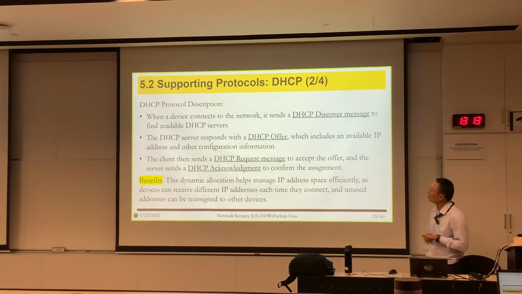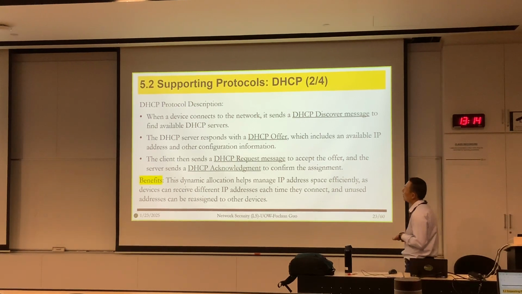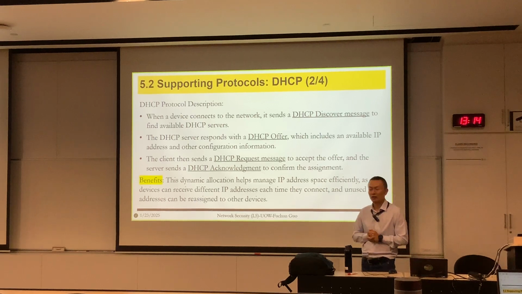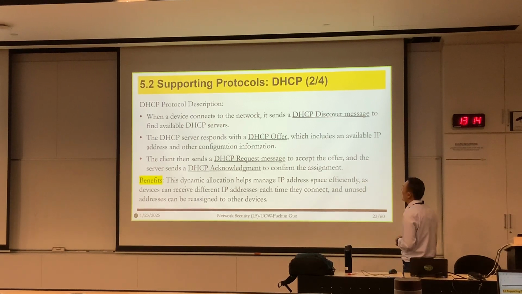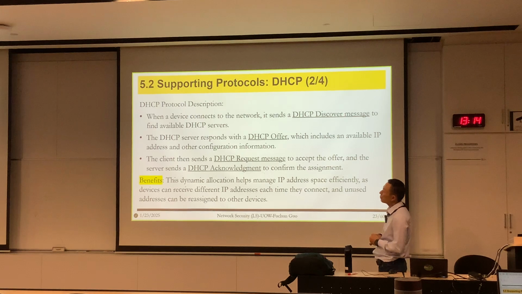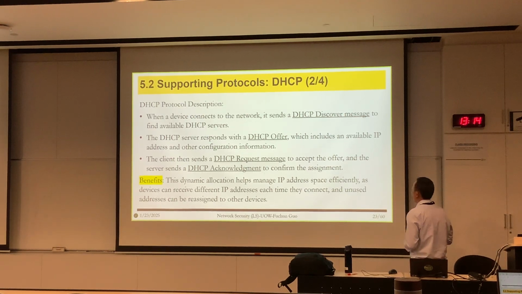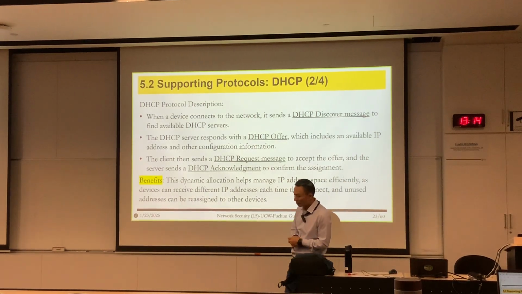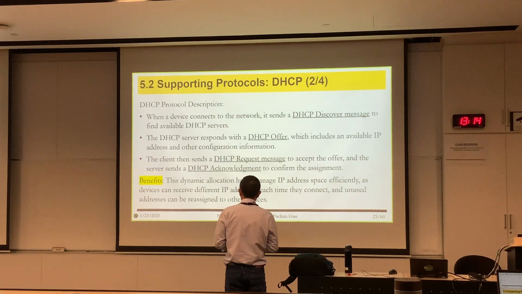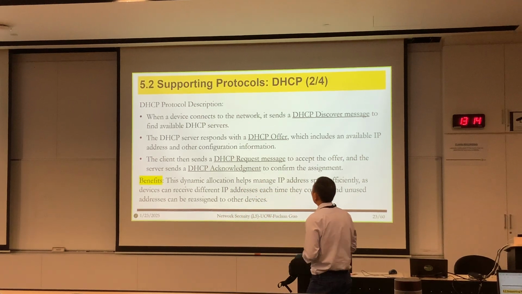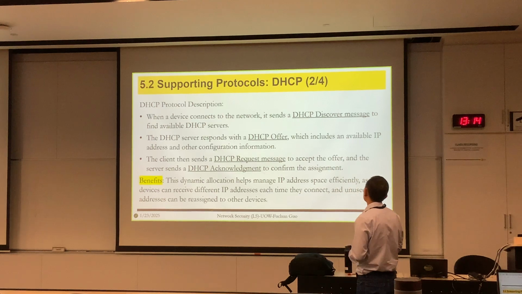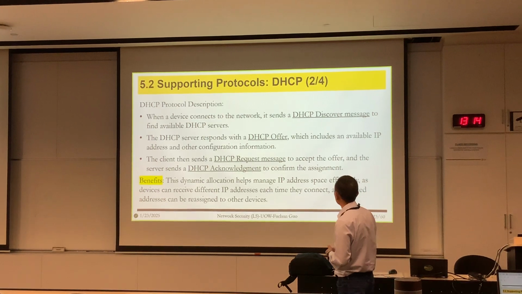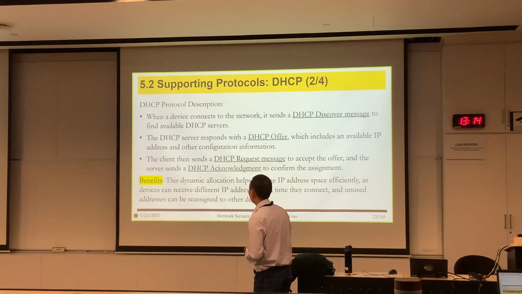And how does the DHCP protocol work? It's for communication purposes. For network security, everything we speak over this protocol is supposed to be honest, or assumed to be honest. When a device would like to connect to the internet, it sends a DHCP discover message to find an available server.